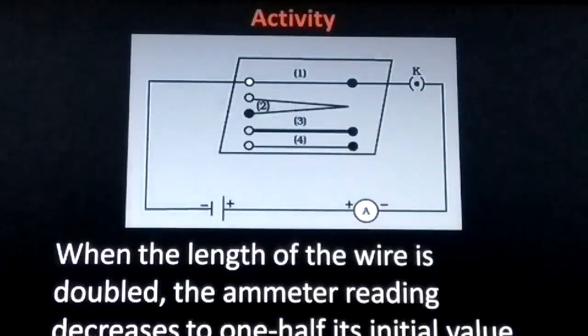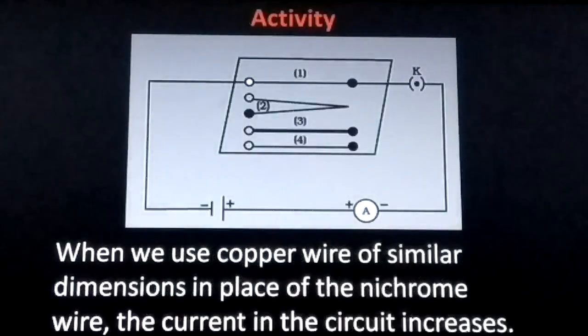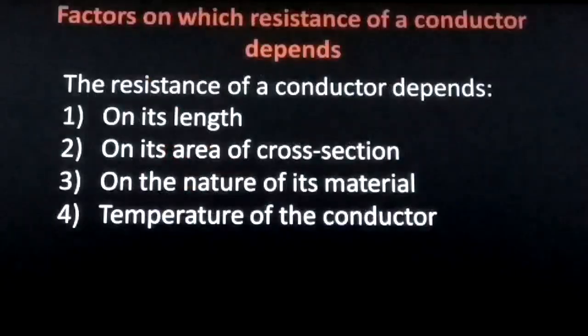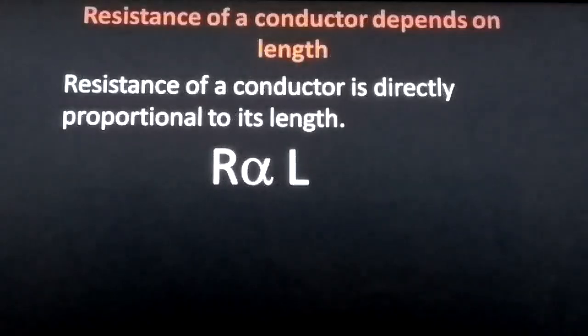And also we have seen the activity, so that means the resistance of a conductor depends upon factors. They are its length, its area of cross section, nature of its material, and temperature of the conductor.